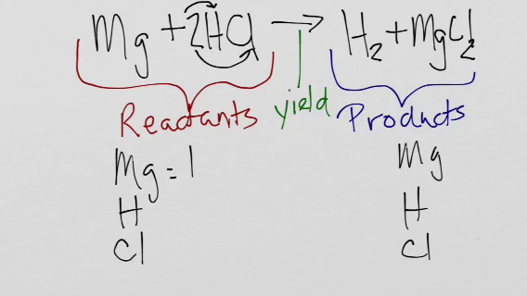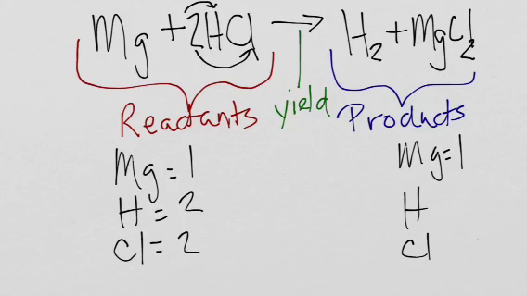So I've got two H's, right? How many chlorines do I have? On this side, how many magnesiums do I have? I only have one because if there's no little number here, it's understood that it's a 1. Okay? So I only have one.